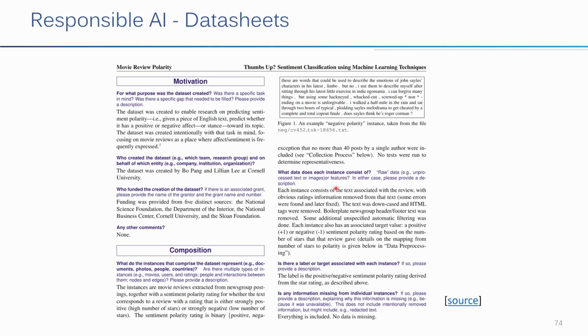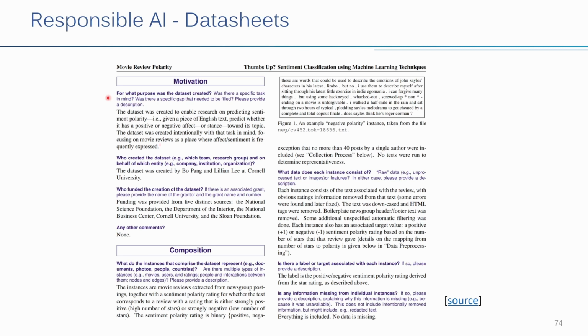For example, here, aside from the technical aspects that this data sheet possesses, it also talks about some more, let's say, subjective slash theoretical aspects about the data set. For example, for what purpose was the data set created? Was there a specific task in mind?